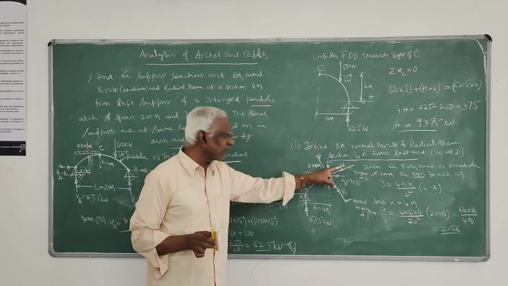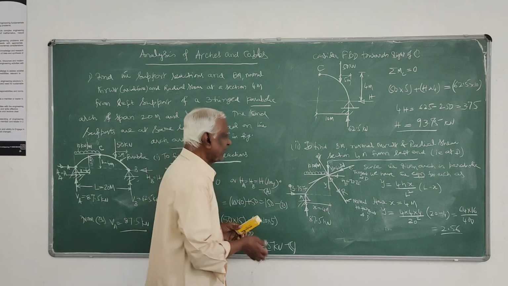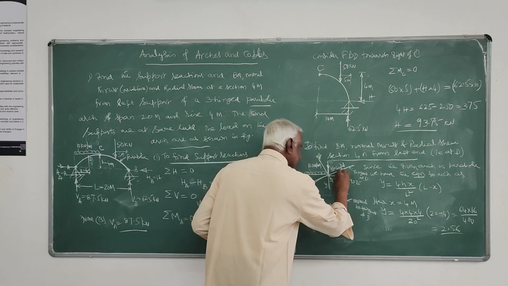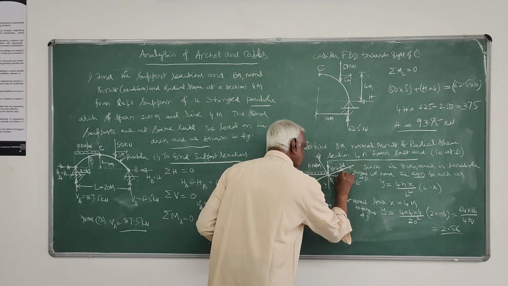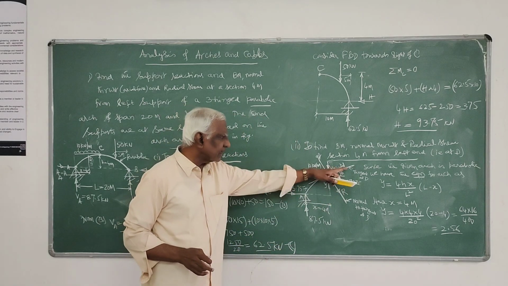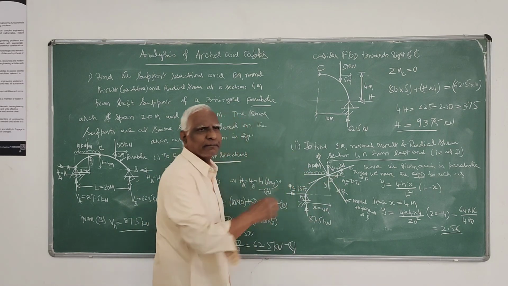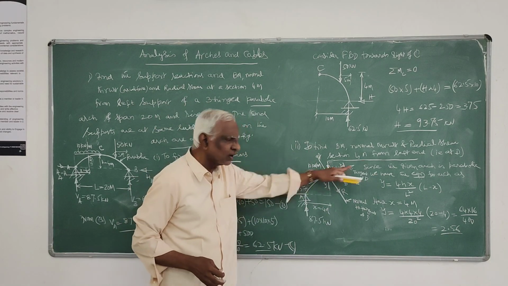So first you determine Vd and HD to keep this in equilibrium. Then we have to determine normal thrust N and radial shear R. You find out what is this inclination theta with the horizontal at this point D of the normal as well as this radial shear. Radial shear will be at 90 minus theta because this is normal to tangent.